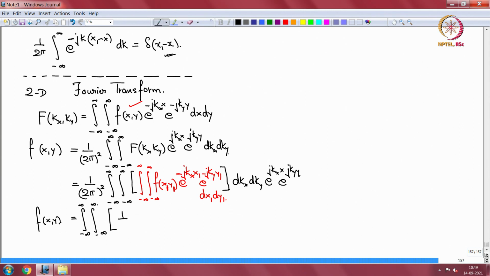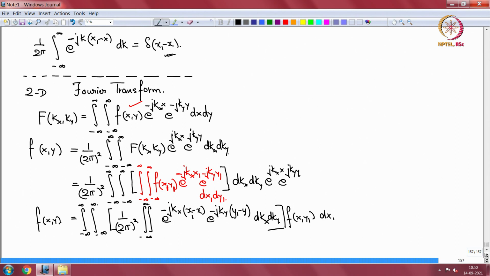Then we take 1 over twice pi whole squared inside, integral minus infinity to infinity, I am shortening my steps, e to the power minus j kx (x1 minus x), ky (y1 minus y), dkx dky. Then f of x1 y1 dx1 dy1.